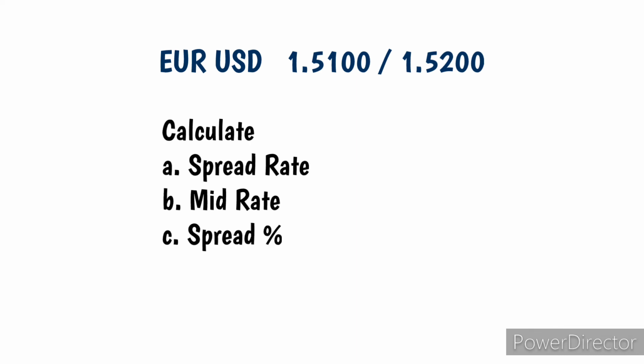Okay. Now looking into the same question, we can have one more practice question, that is Euro USD 1.5100, 1.5200. By using this quotation, we have to find out spread, means spread rate, mid rate and spread percentage.